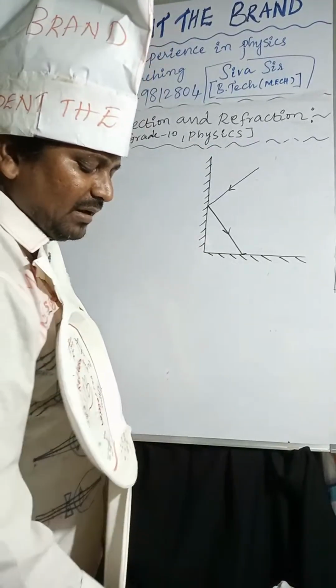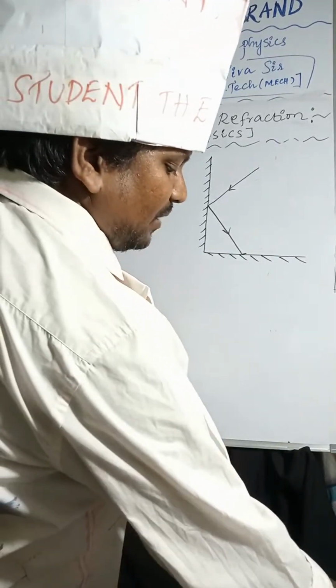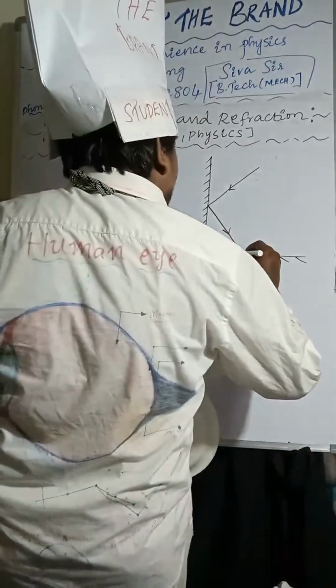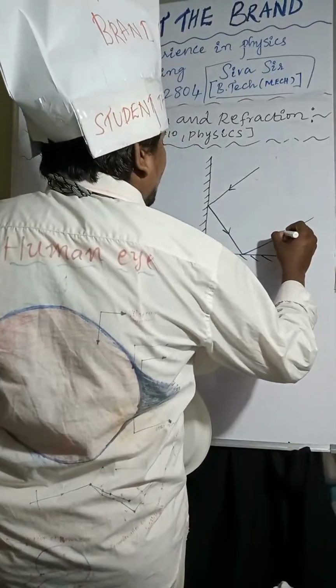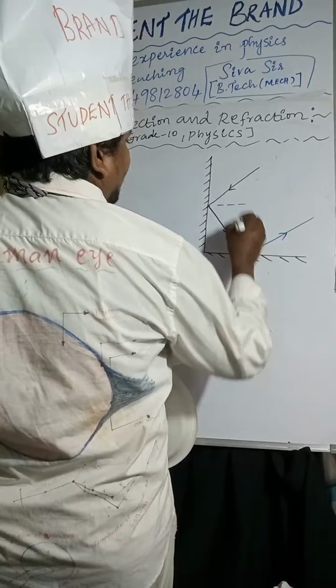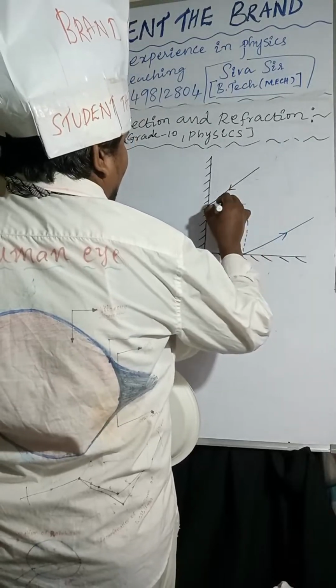We are not talking about the angle of incidence here. This is the reflected light ray, reflected like this. This is the normal line, and this is the normal line. Here is the angle of incidence and angle of reflection.